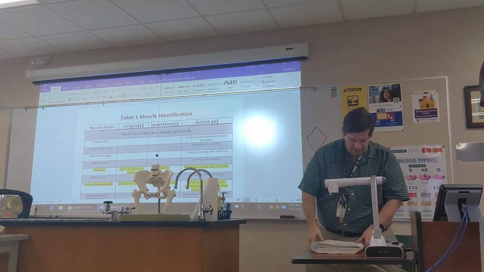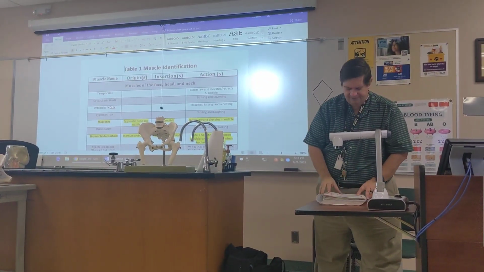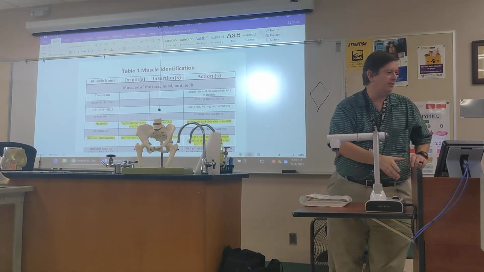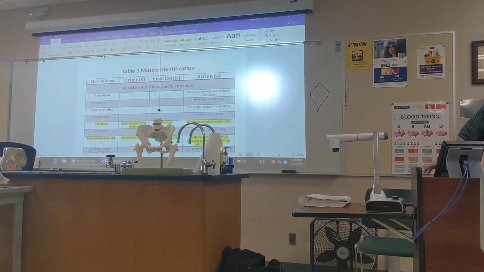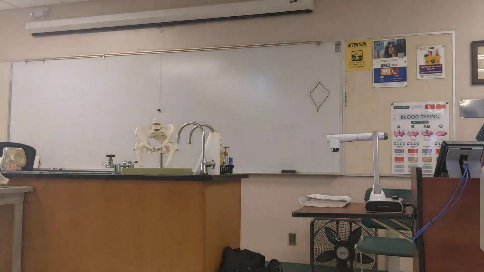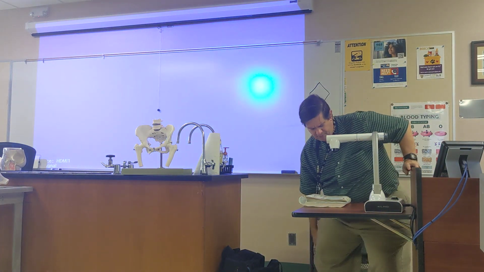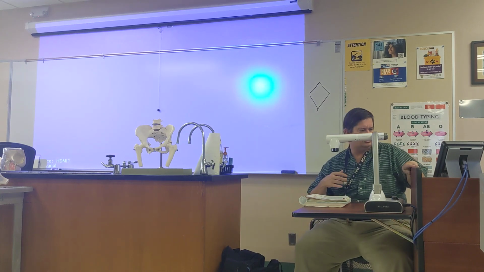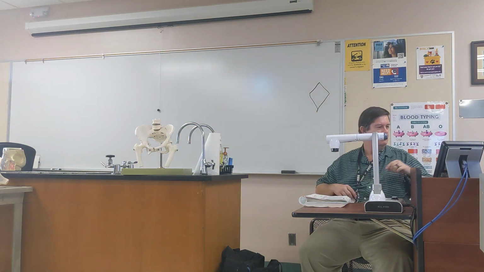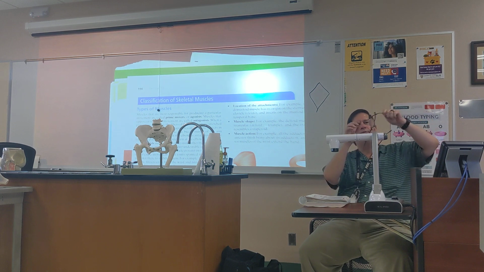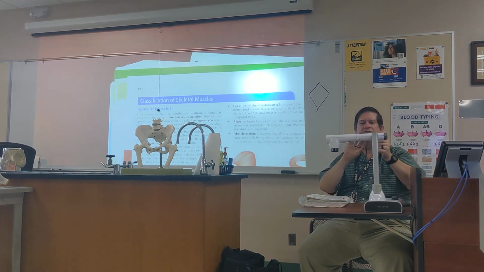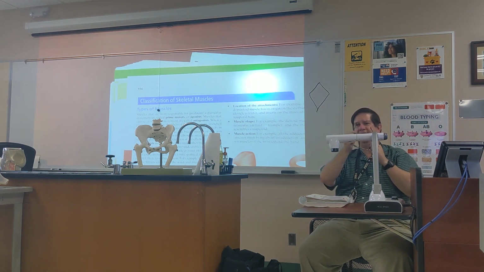All right, so we've beaten up the second half of 194. Let's talk about the top of 194. If you look at the top of page 194, it's talking about prime movers, agonists, synergists. There's a lot of vocabulary, but once you get into it, it's pretty straightforward. The prime mover is the main muscle doing a thing.